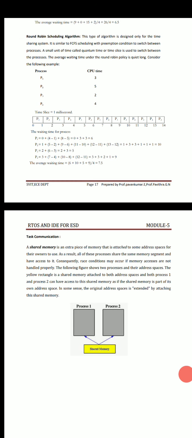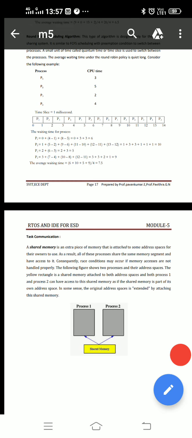Next, for process P3, it is scheduled between 2 to 3 and 6 to 7, and the waiting time will become 5. Similarly for P4 it will become 9. Then the average waiting time will be 6 plus 10 plus 5 plus 9 divided by 4 processes, which will become 7.5.